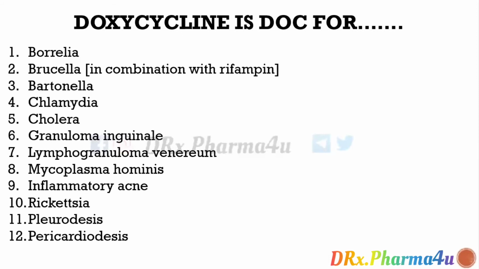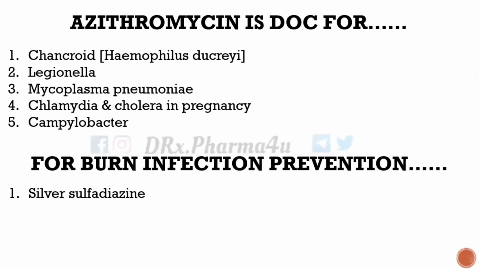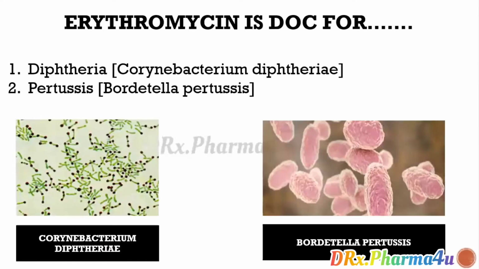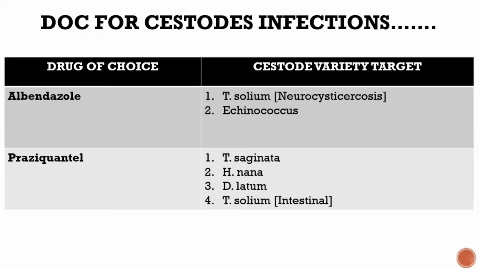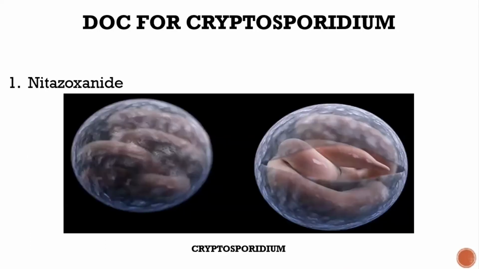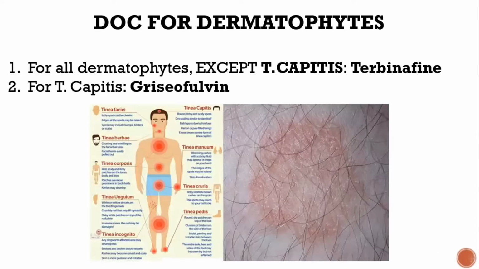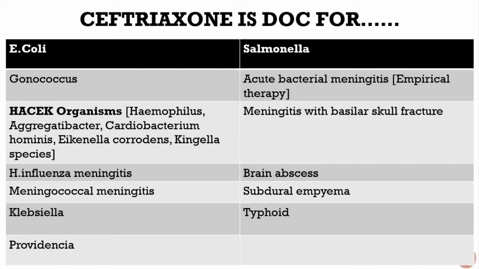We talked about metronidazole, doxycycline, babesiosis, azithromycin, burn infection prevention, erythromycin, fluconazole, cestodes infection, Chagas disease, Clostridioides difficile, amphotericin B, cryptosporidium, and dermatophytosis. And also we covered diarrhea. And the last topic that we covered was ceftriaxone.